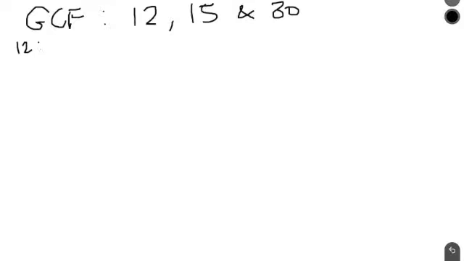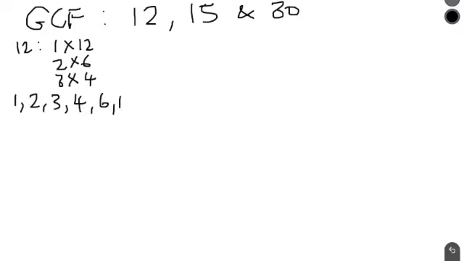So we look at all the factors for 12. We saw before 1 times 12, 2 times 6, 3 times 4. And if we list all the factors of 12, they are 1, 2, 3, 4, 6, and 12.